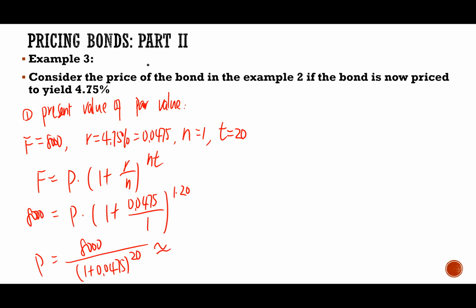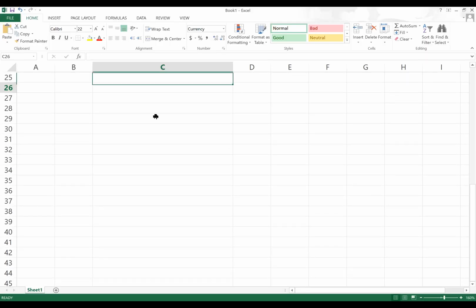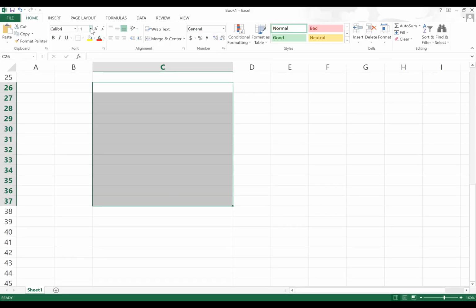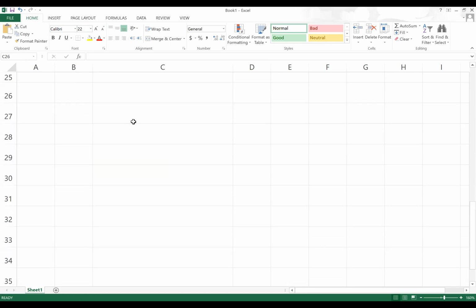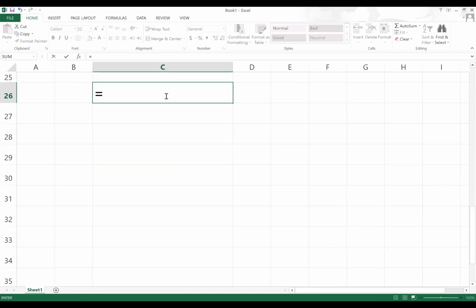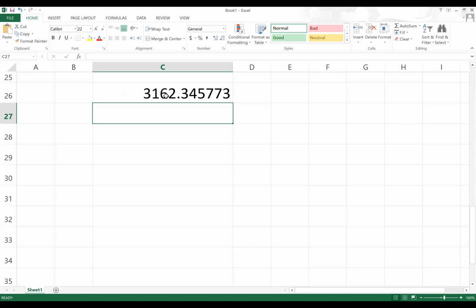And let's see what that is. So we're going to have 8,000. It's worth a lot more, right? Because the rate is lower, 1 plus 0.0475 raised to 20, because the denominator is smaller, if you look at it.